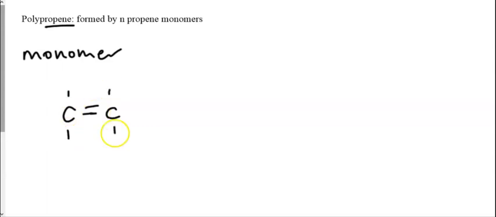Another one would be polypropylene. Polypropylene means we start with propene. So our monomer is propene. Propene means it has 3 carbons. It has to have a double bond. And then I had H's here before. It doesn't matter which one I choose, but one of these, instead of having just H, has a CH3 group. So this is propene, and I could draw it like this.